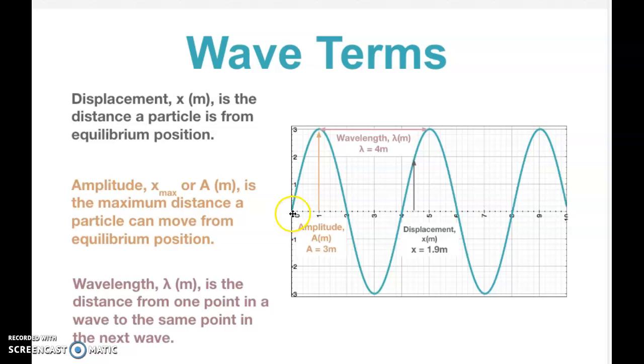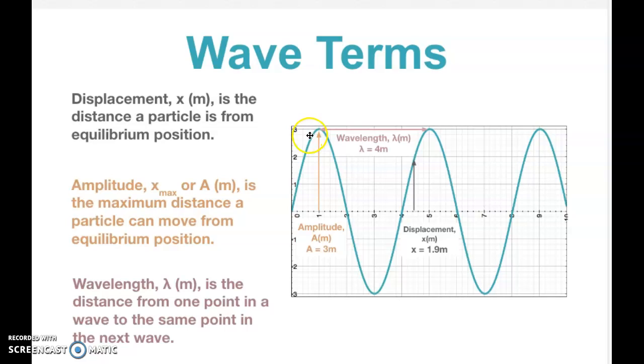We identify some important parts of the wave. The amplitude of the wave is the maximum displacement, and it can be from the equilibrium position to the top and the equilibrium position to the bottom. These two distances should coincide.